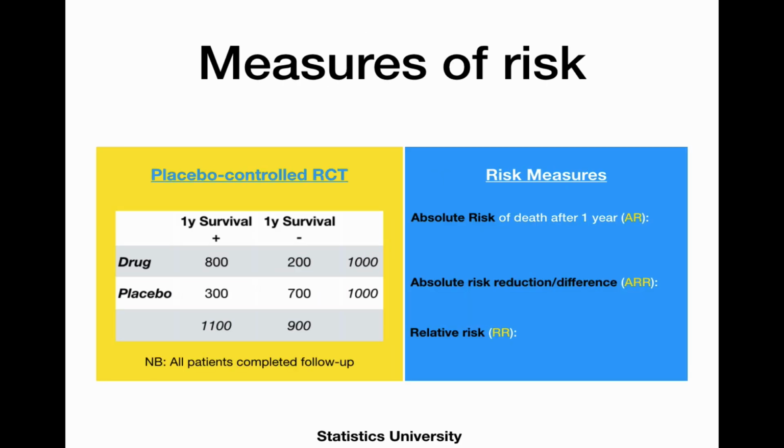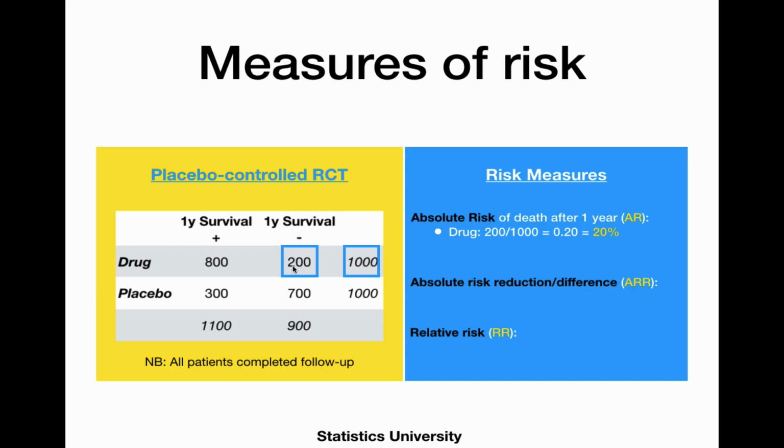So here's an example of a placebo randomized controlled trial where we look at the 1-year survival and compare that between patients being treated with an experimental drug and a placebo. And the first thing we want to know is what is the absolute risk of death, or in other words, negative survival after 1 year.